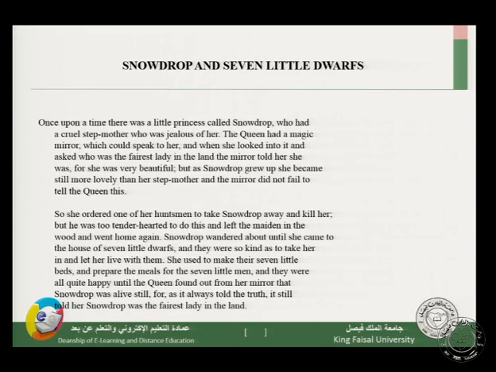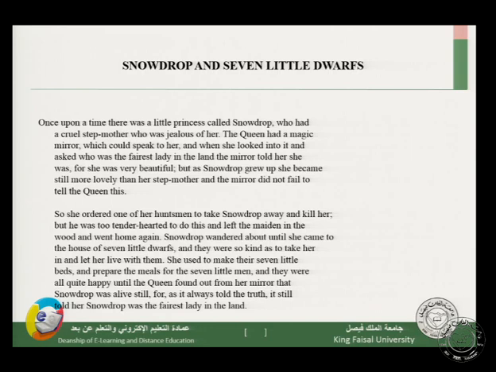Of course they felt sorry for the prince, and they gave the dead princess, Snowdrop, to the prince. While the prince's men were carrying Snowdrop, they stumbled.